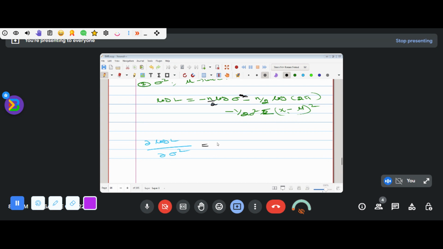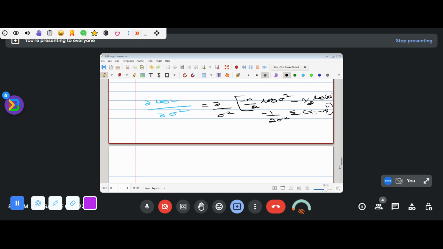Okay, derivative with respect to sigma square. I am writing here: minus n by 2 log sigma square, minus n by 2 log 2 pi, minus 1 by 2 sigma square summation xi minus mu the whole square.